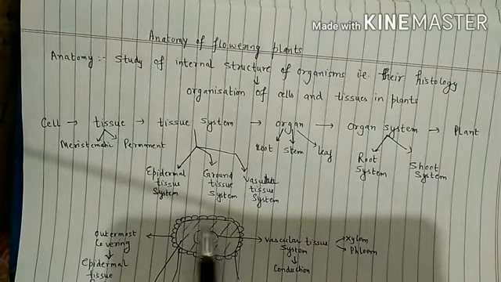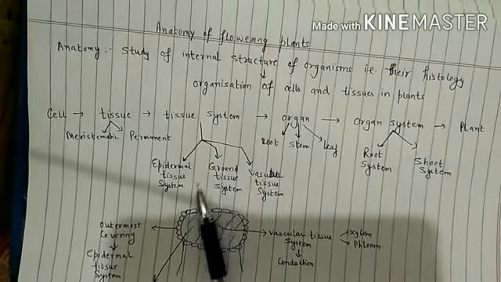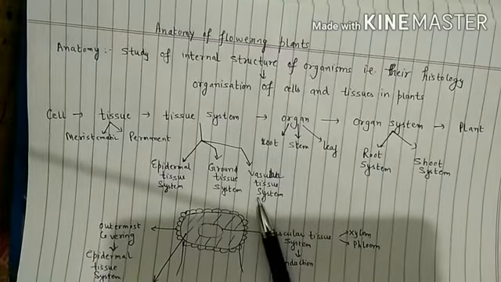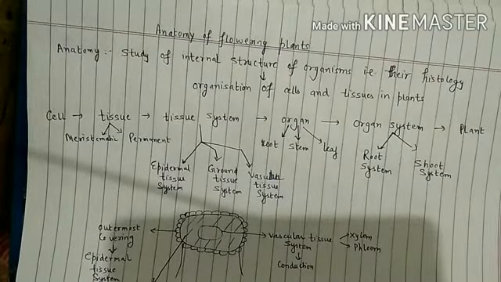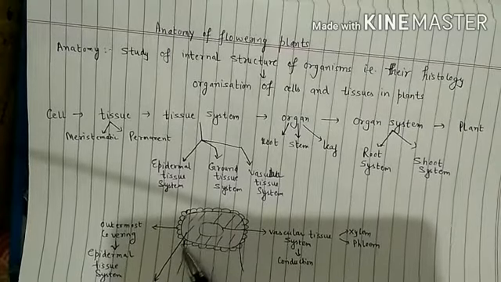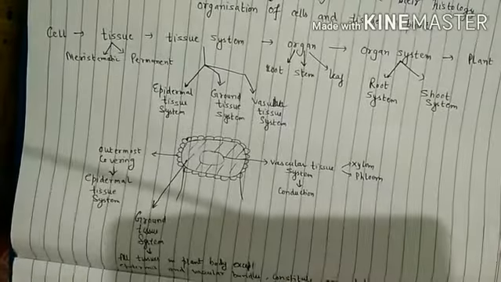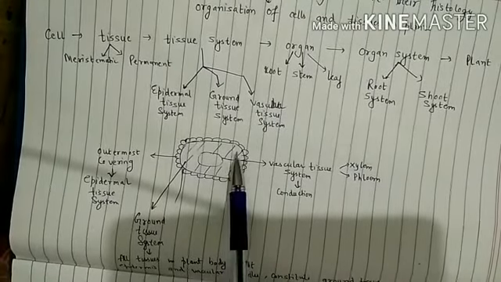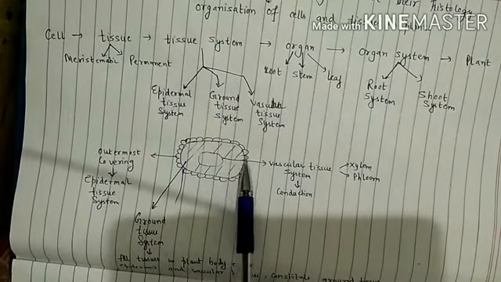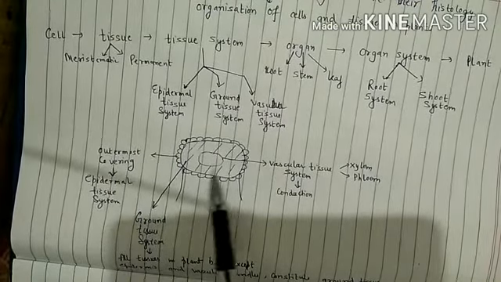Tissue system in plants is of three types: epidermal tissue system, ground tissue system and vascular tissue system. Epidermal tissue system is basically the outermost tissue system. So let us assume this is the cut section of stem. The outermost layer of the cells forms the epidermal tissue system.